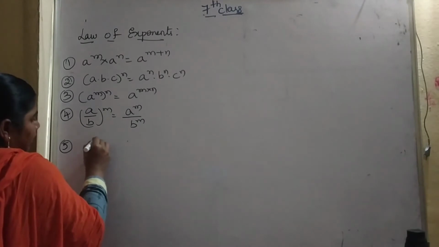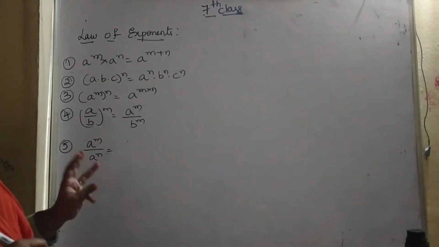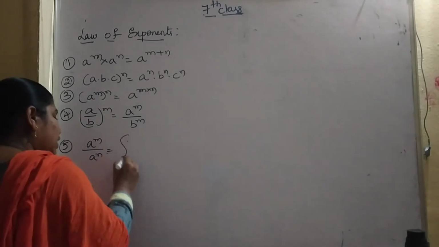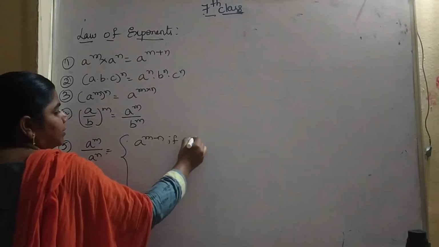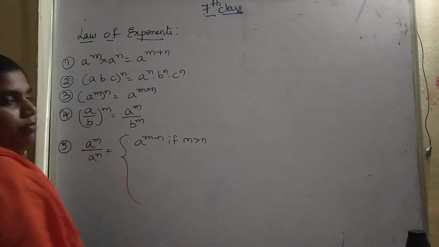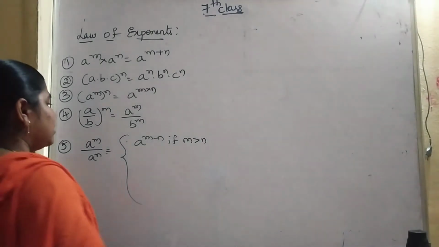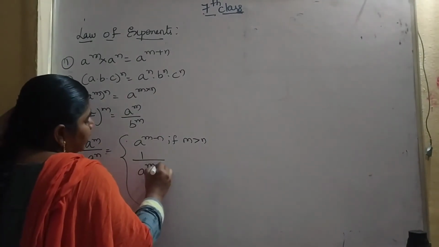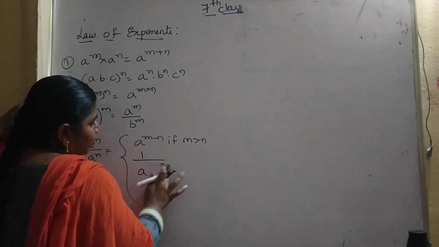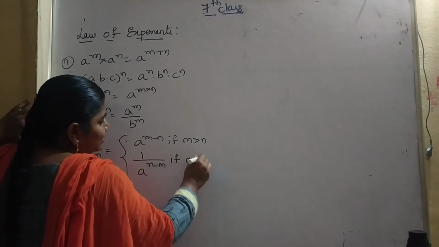Fifth law is a power m by a power n is equal to... For this we have 3 different conditions. That is a power m minus n if m is greater than n. When the m value is greater than the n value, we write it in the form of a power m minus n. 1 by a power n minus m if m is less than n.